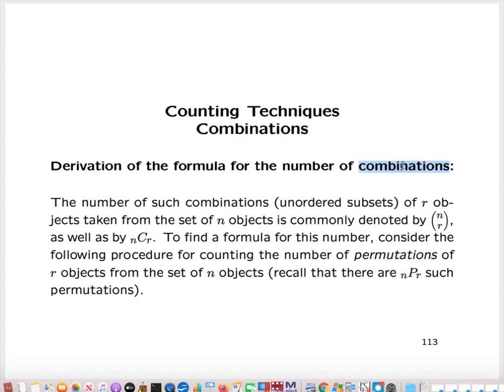We're going to be ultimately deriving a formula for the number of combinations, but what we're going to do first is think about calculating the number of permutations of R objects taken from a set of n objects. Now recall that the number of permutations of R objects taken from a set of n objects is denoted by that notation there.